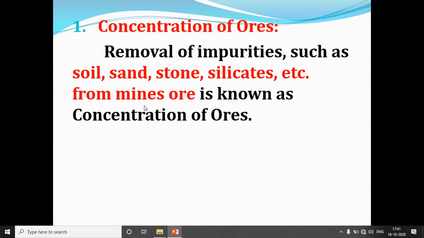So the method of removing impurities such as soil, sand, stone, silicates from mined ore is known as concentration of ores.